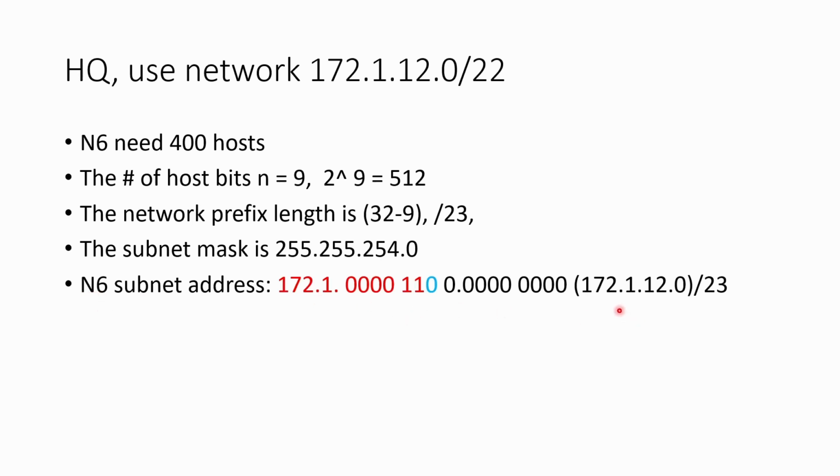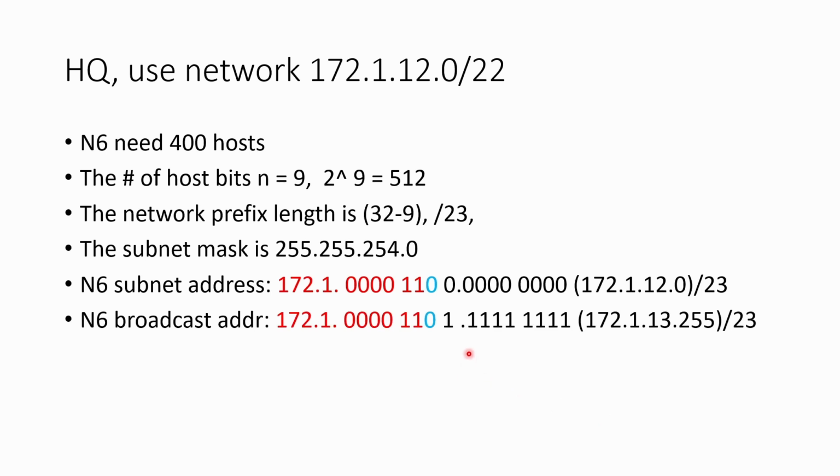Now, write down the subnet address for N6. That is 172.1.12.0/23. Then we can easily figure out the range based on the binary. When the host bits take the highest value all ones, that gives us the decimal value. The third octet is 13. The last octet is 255.